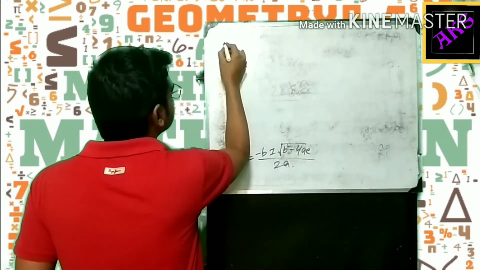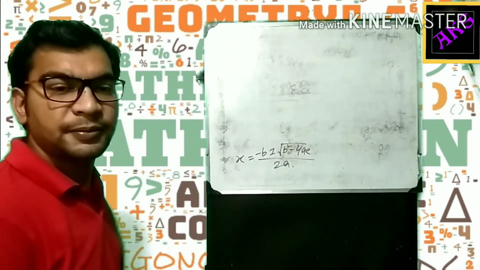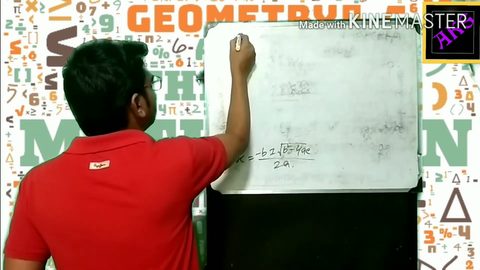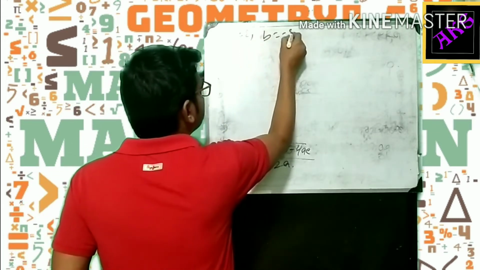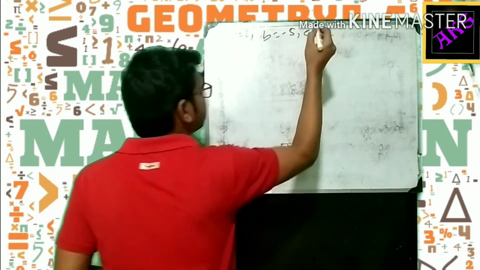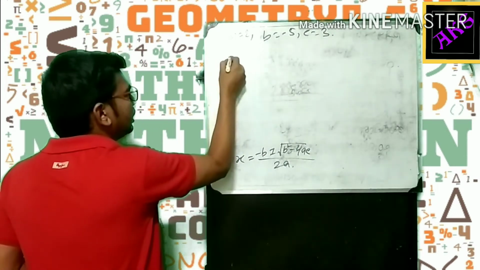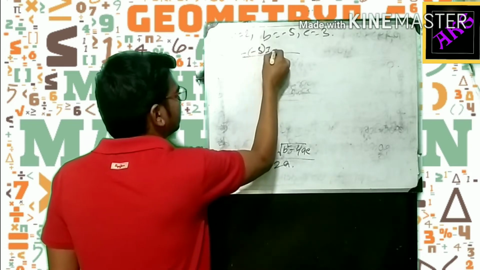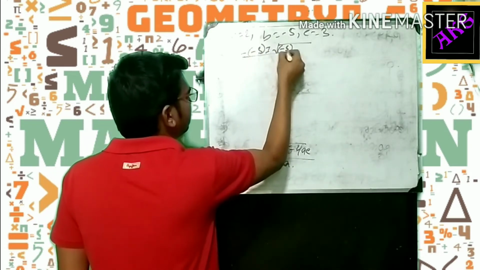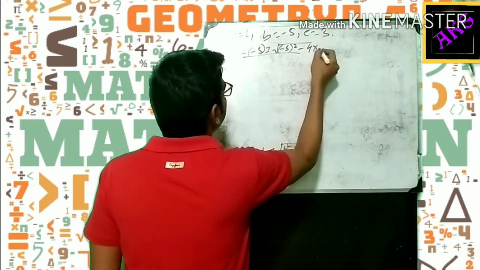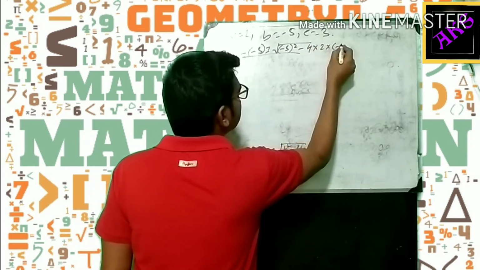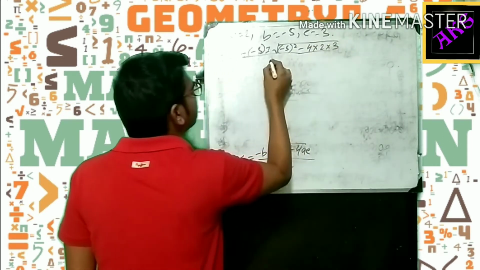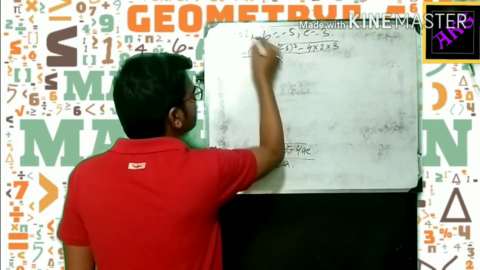So x will be how much? A was 2, b was minus 5, c was 3. So x will be minus b, that means minus of minus 5, plus minus root over b square, minus 5 square minus 4 into a, 2, into c, 3, by 2a, a means 2.